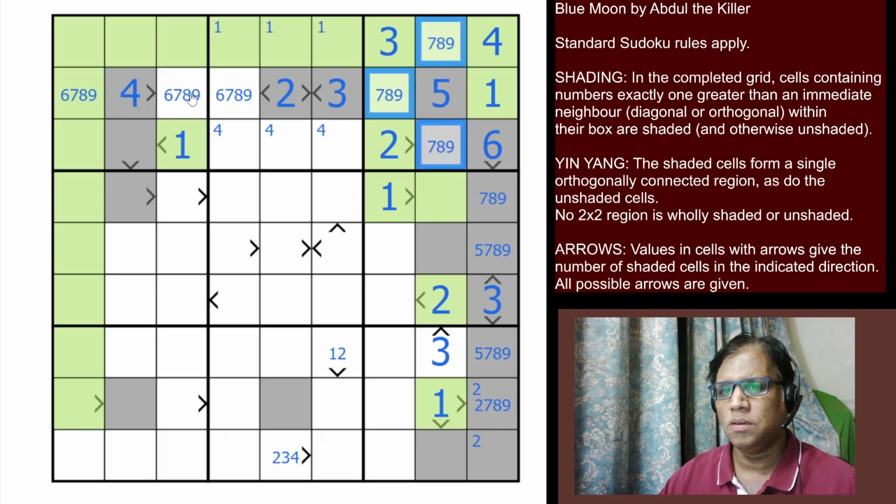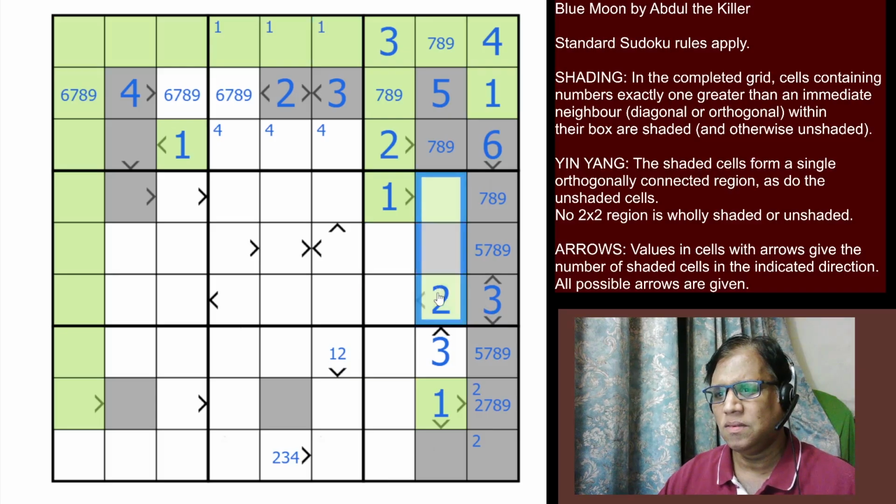So 6 is not here. 6 is anywhere here. Okay. 4 could be anywhere. 5 if here, 4 must be one of these. Nah.